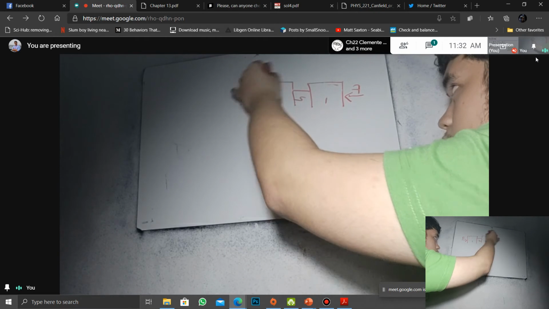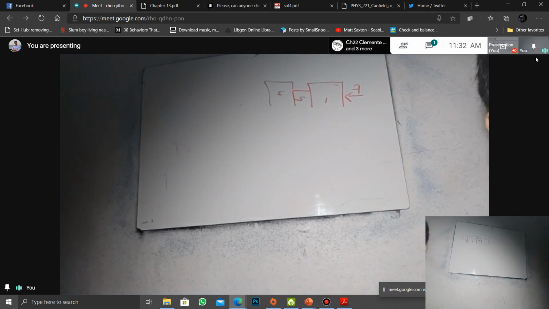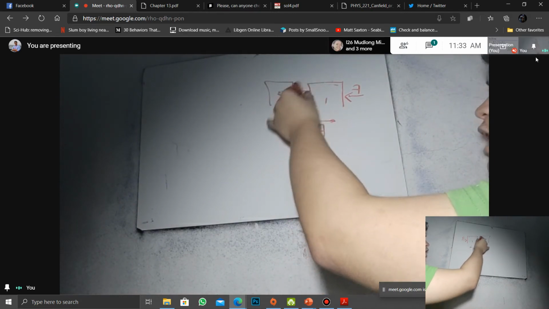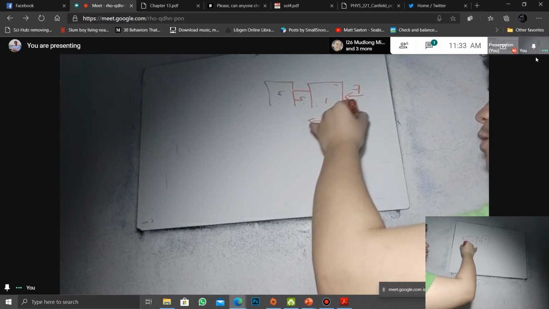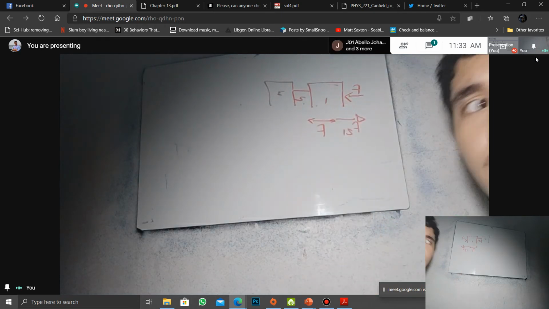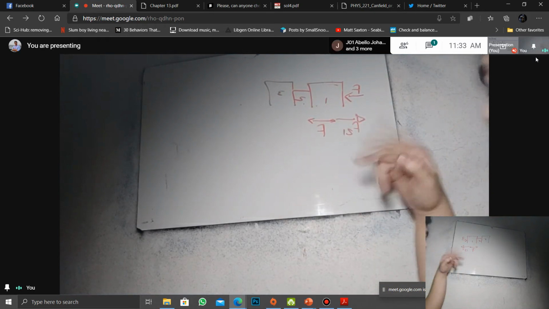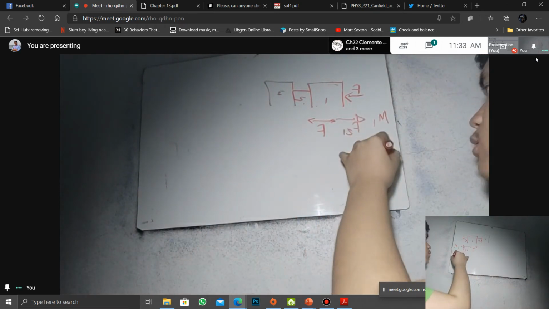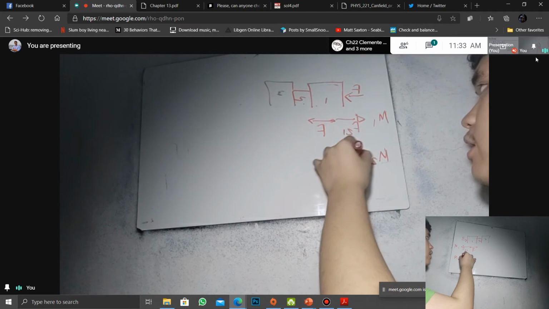Okay, dito naman, gawa rin tayo ng free body diagram for each. F2 on 1, di ba? Yung contact force, F2 on 1. Okay? Sa mass 2, ito mass 1. Mass 2. Di ba pag ganon?